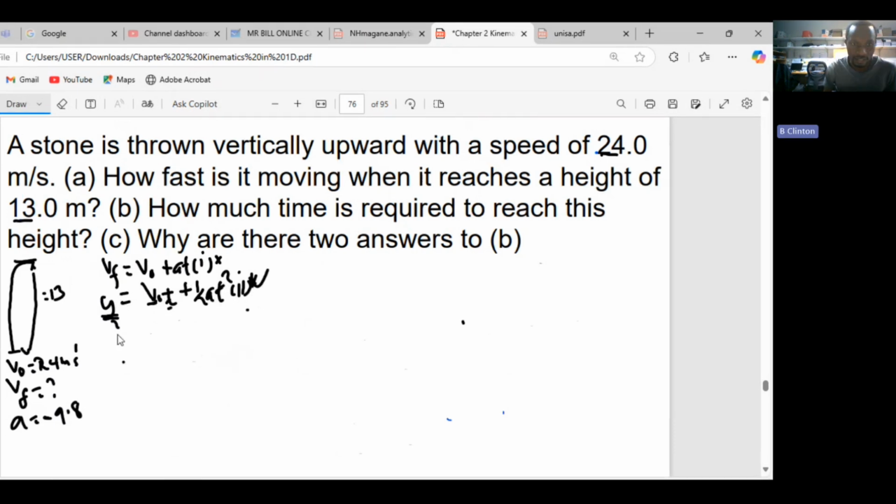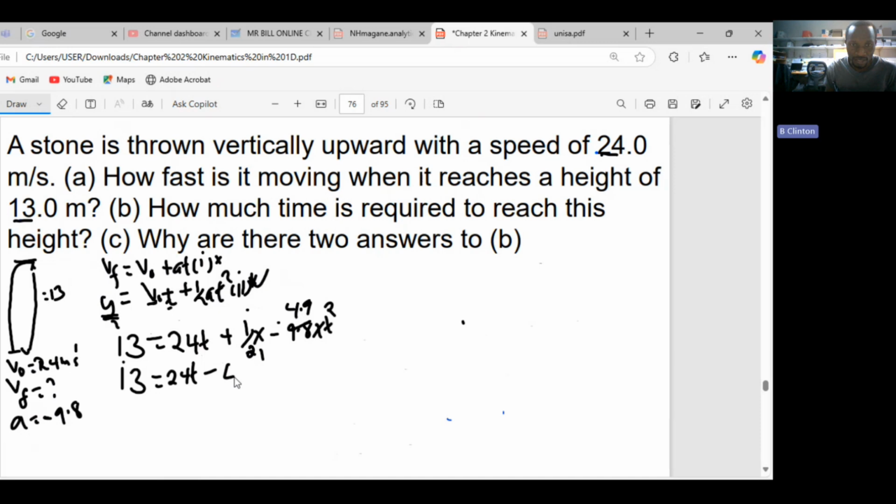We say 13 is equal to initial velocity 24 times t, plus half times acceleration, which is minus 9.8, times t squared. This gives 13 is equal to 24t minus, because a positive times a negative is a negative, half of 9.8 which is 4.9 t squared.